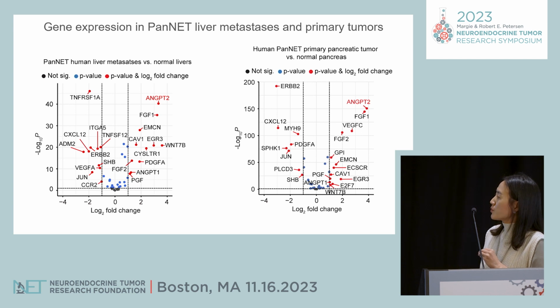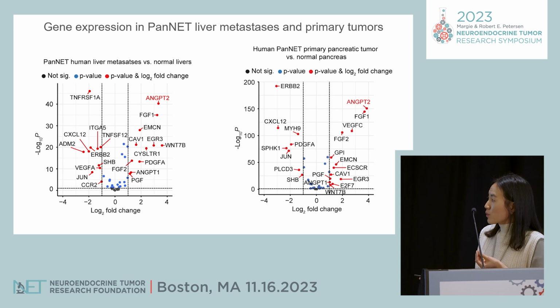Interestingly, we found certain genes showed similar patterns of upregulation and downregulation, like angiopoietin 2. However, we also found different patterns of expression, for example PDGF and VEGF-C, suggesting differential vascular regulation between metastases and primary tumors, requiring further investigation.